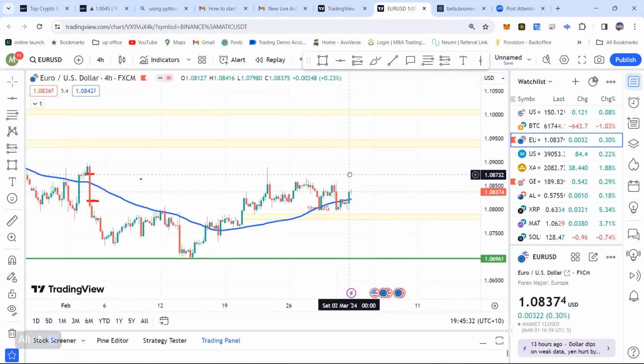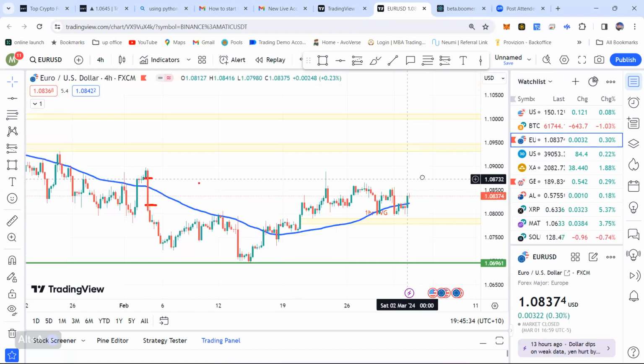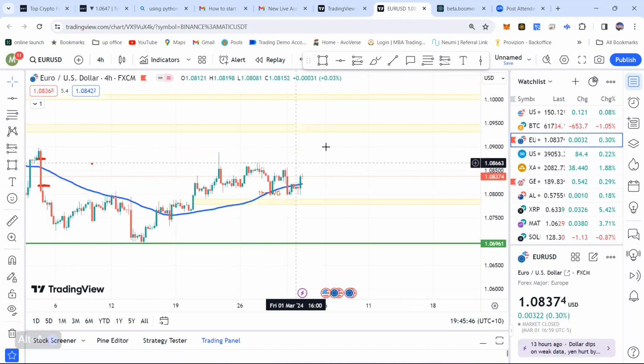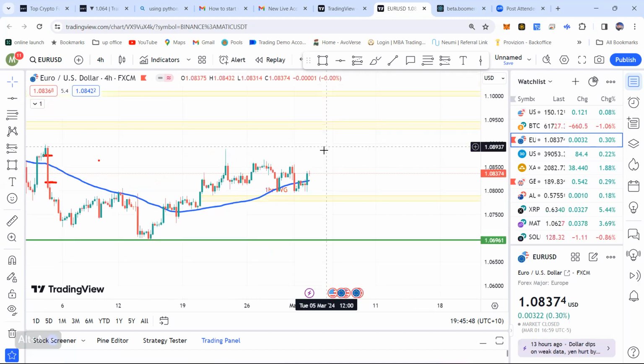And I do like 15-minute ones as well. The way you can really fine tune it is you can find a 15-minute fair value gap in amongst a 1 hour one or a 4 hour one. And then when you bring in order blocks and the order flow strategy, you can end up with really, really tight stop losses.